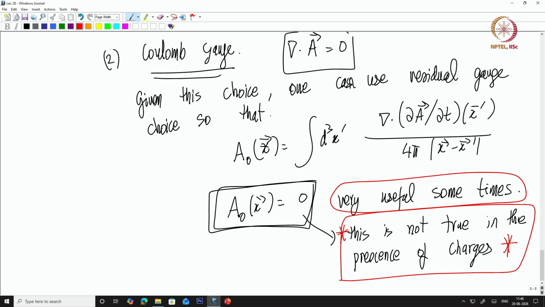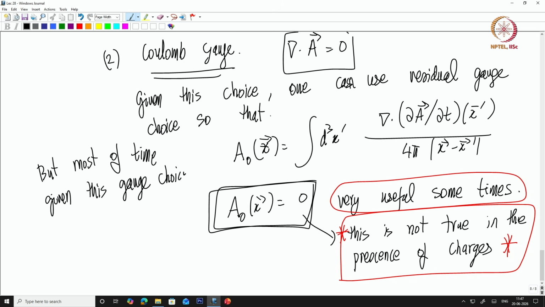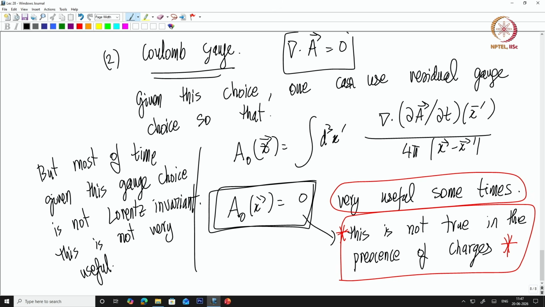In some cases in field theory this is useful, but most of the time, given that this gauge choice is not Lorenz invariant, it is not really very nice for most quantum field theory applications, especially when you are looking at higher order corrections.